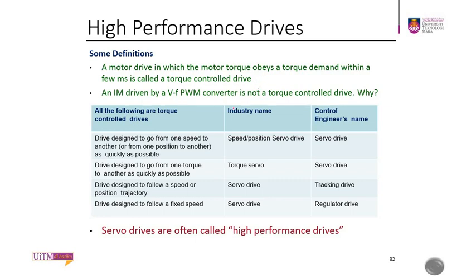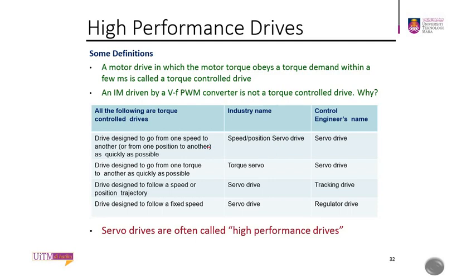So an induction motor driven by a V/F PWM converter is not a torque control drive. It's not suitable for a torque demand that must be obeyed within a few milliseconds. Why?